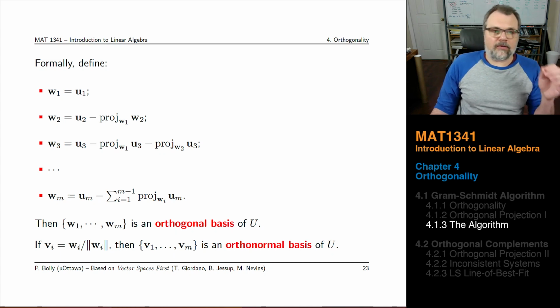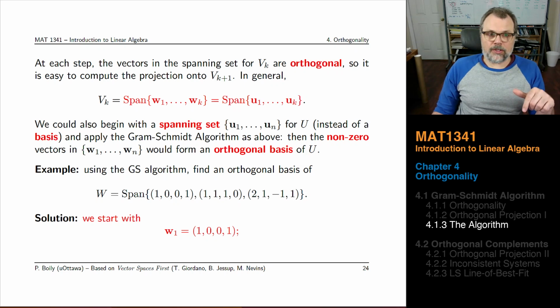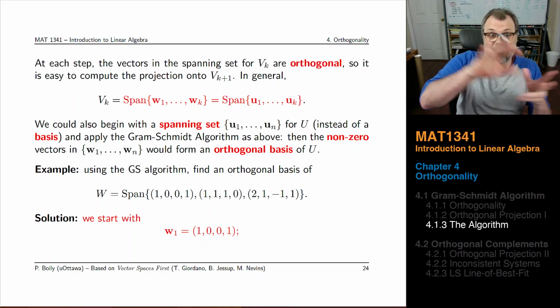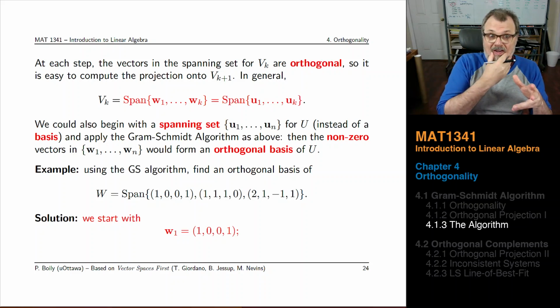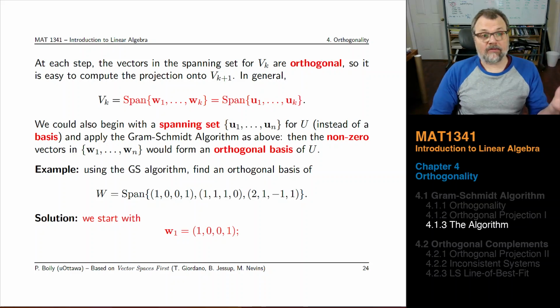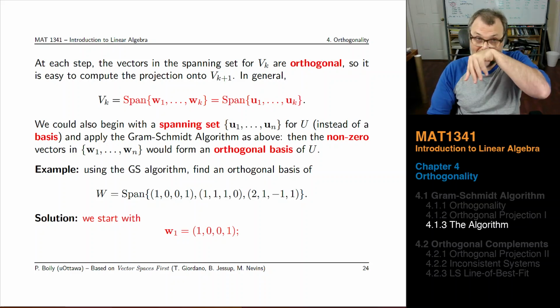At each step of the way, the vectors in the spanning set for the subspace Vk are orthogonal by construction, so it's pretty easy to compute the projection onto the next span. And in general, you see that the span of W1 to Wk would be the same thing as the span of U1 to Uk.